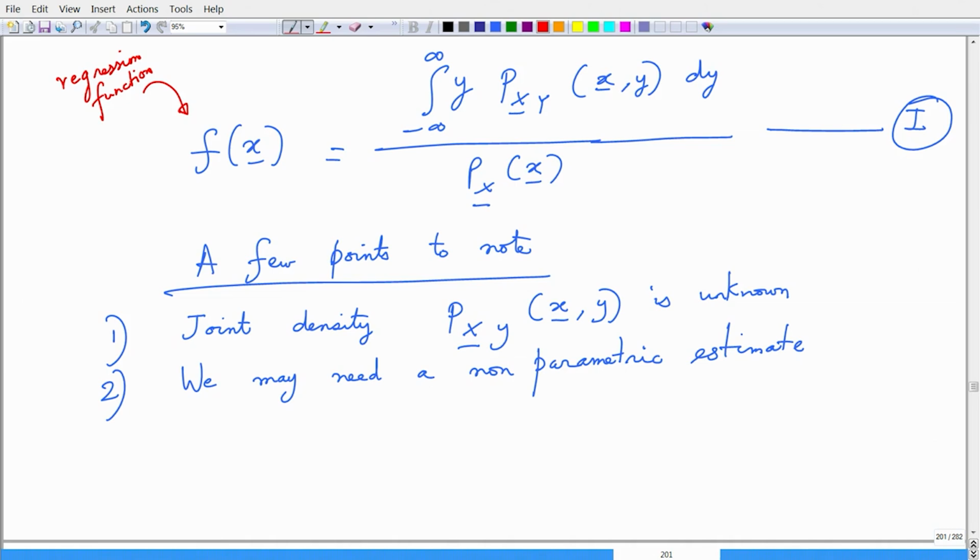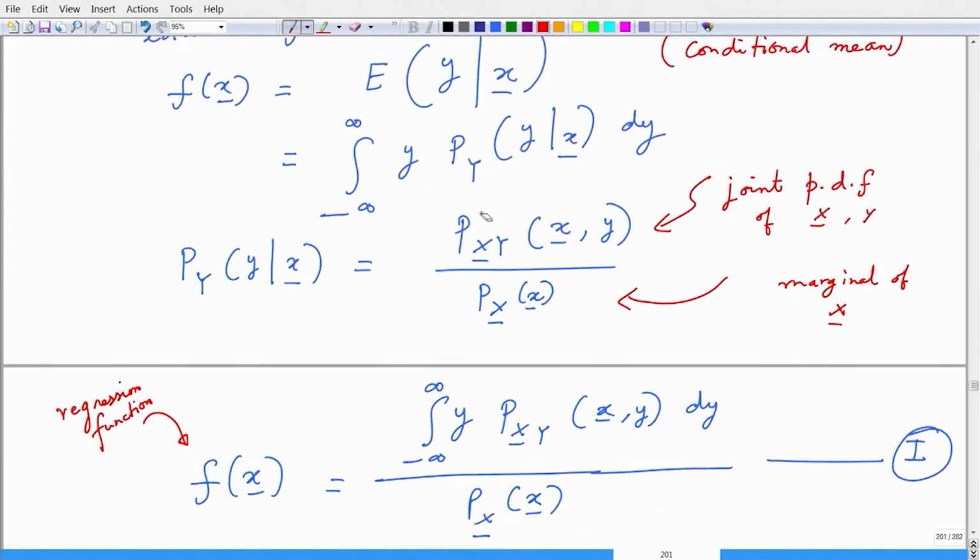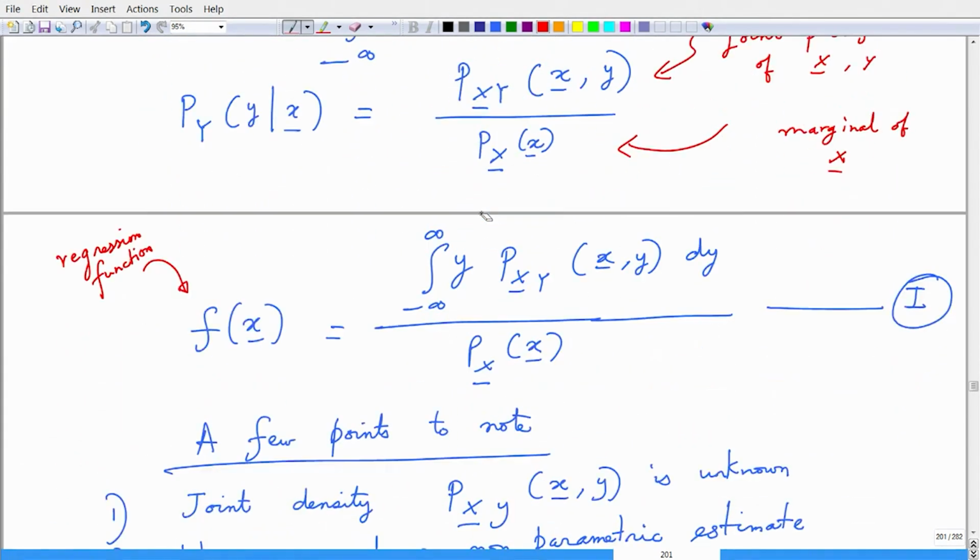So, the numerator can be computed using the conditional mean upon p_X of x, which is what we have. Wait a second, f of x is just this integral, not a problem.